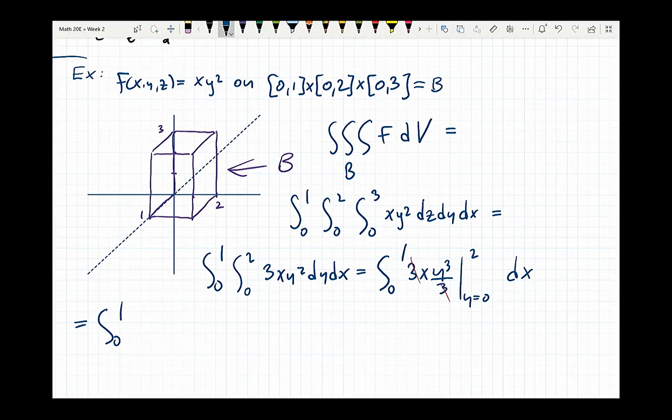Cancel the 3's. 2 cubed is 8. Cool. So I guess 4. Any questions?